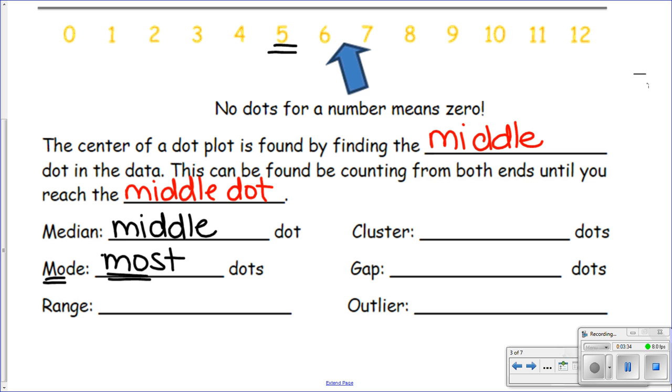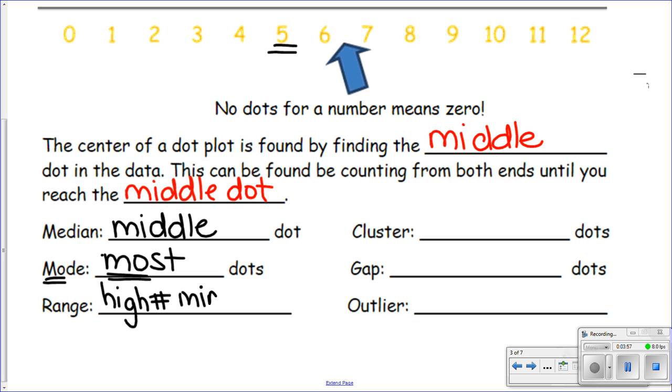Mode and most start with MO, that's usually easy to remember. So in our dot plot here, 10 would be the answer of where I find the most dots, so 10 minutes.